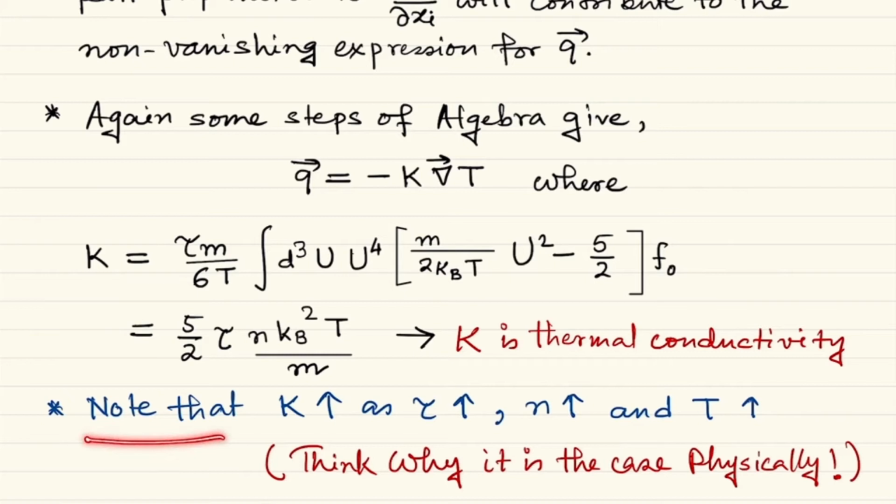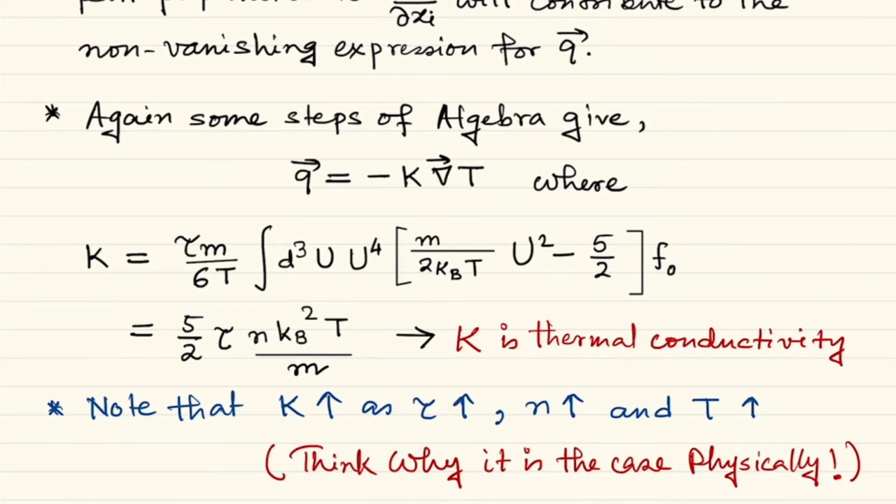Now the physics comes here. You have to note that K is proportional to tau, K is proportional to n, K is proportional to T. Of course, when I am saying proportional to tau, that means n and T are kept constant. So by the rule of joint variation, you can say that K is proportional to the product tau n T, when all of them vary. And individually, let's say n is constant, T is constant, then K increases with tau.